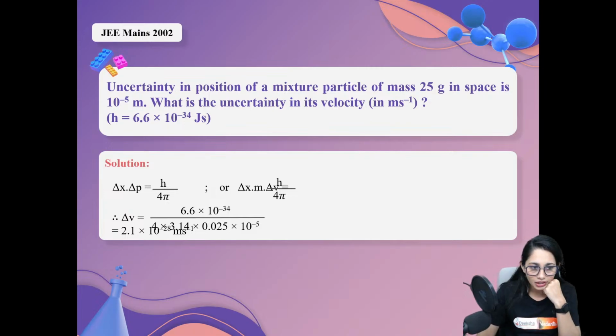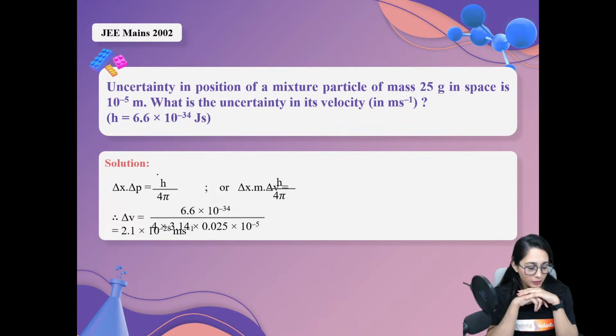What is the uncertainty in its velocity they are asking. So delta v is equal to 6.6 into 10 raised to minus 34, divided by 4 into 3.14 into 0.025 into 10 raised to minus 5, which is equal to 2.1 into 10 raised to minus 28 meter per second.